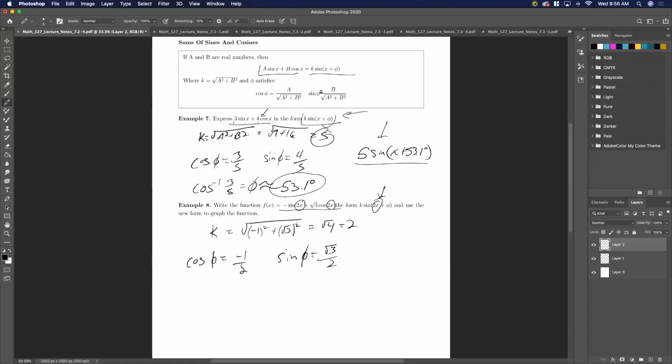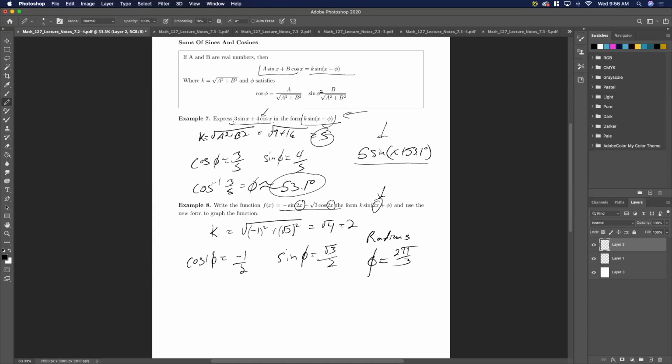And here, we won't even actually need a calculator for this. What angle gives us -1/2 and root 3/2 for phi? Let's do it in radians, just so you see both. If you have your little unit circle memorized, phi would be 2 pi over 3.